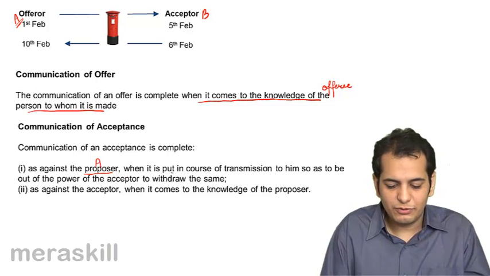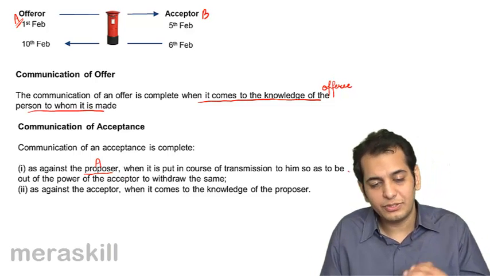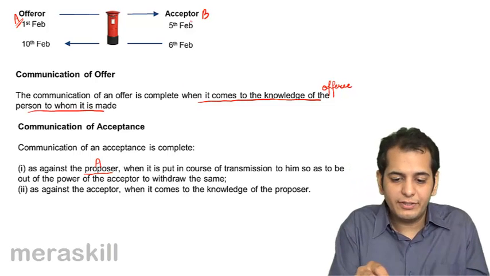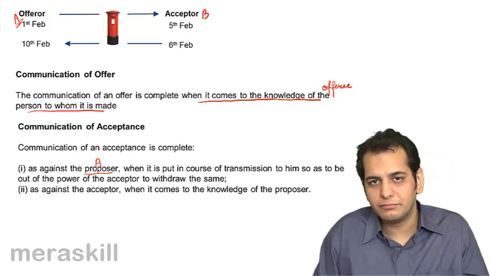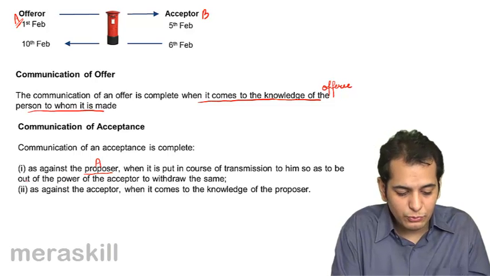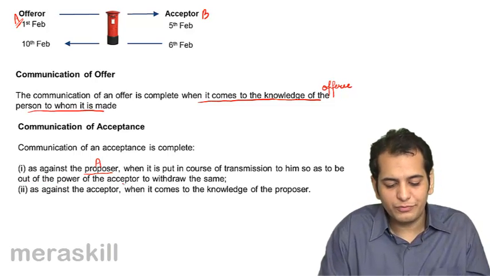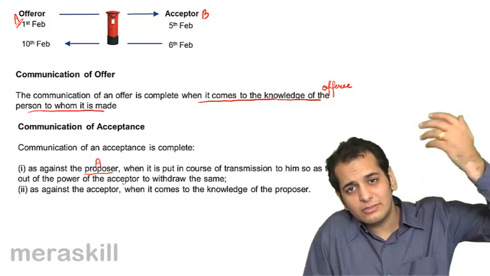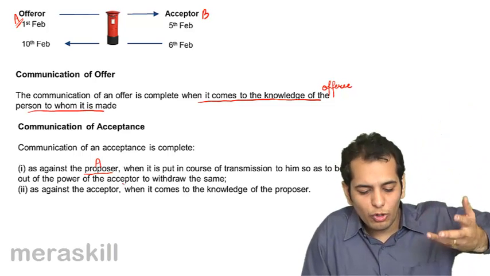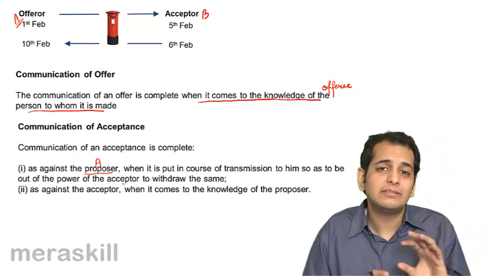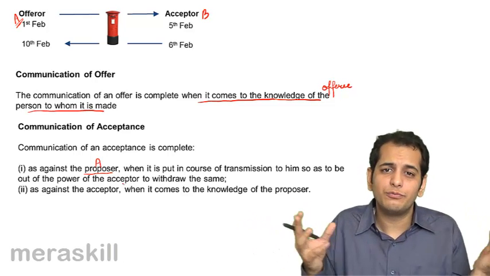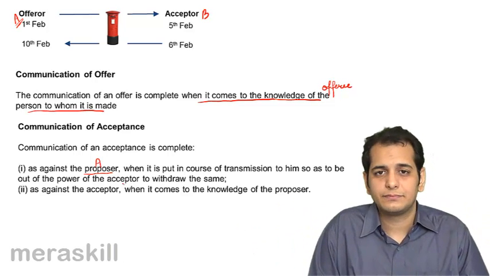As against the proposer, when it is put into the course of transmission to him, when it is posted back to him, so as to be out of the power of the acceptor, when the acceptor is out of the power to do what? To withdraw the same. That means he does not have any more power to withdraw it, to cancel it, to revoke it.